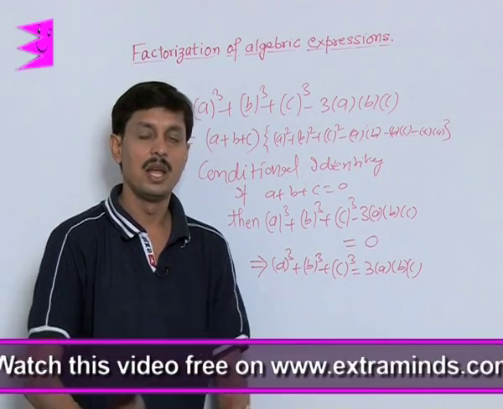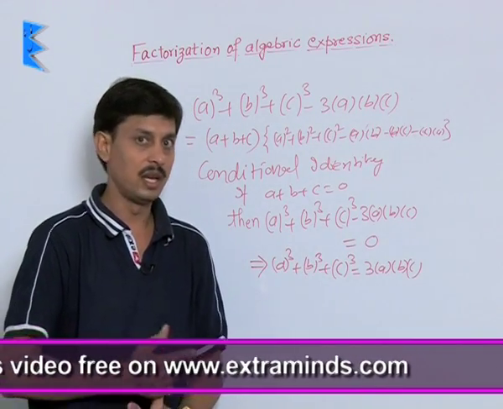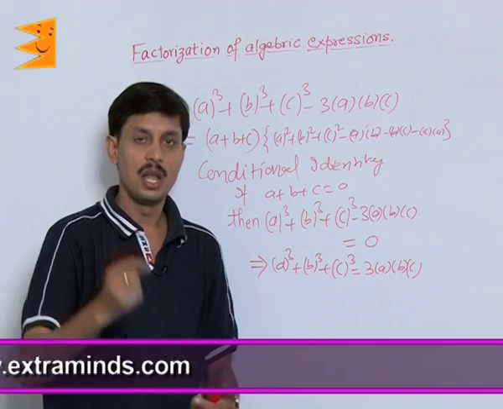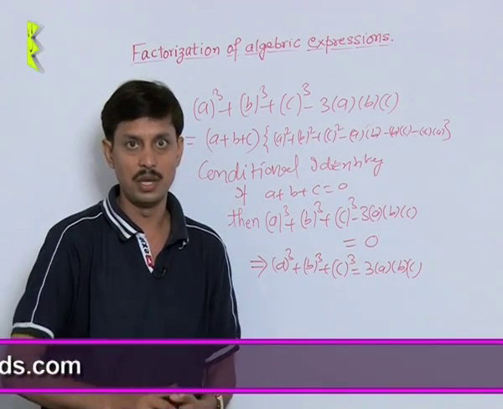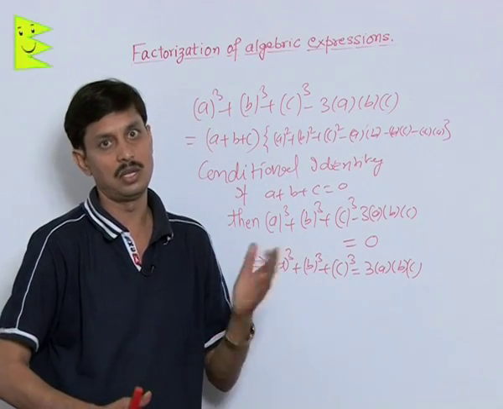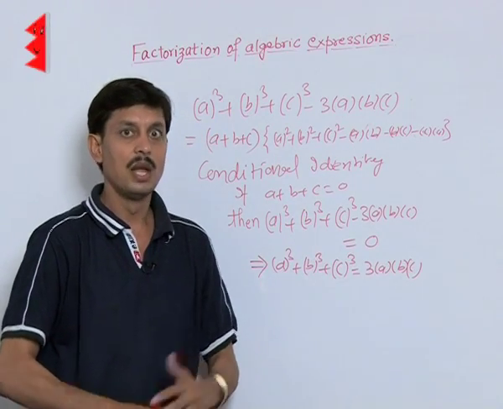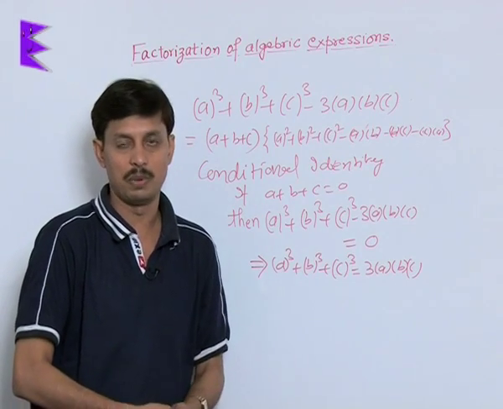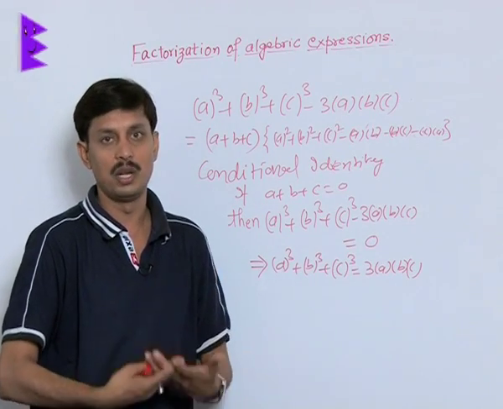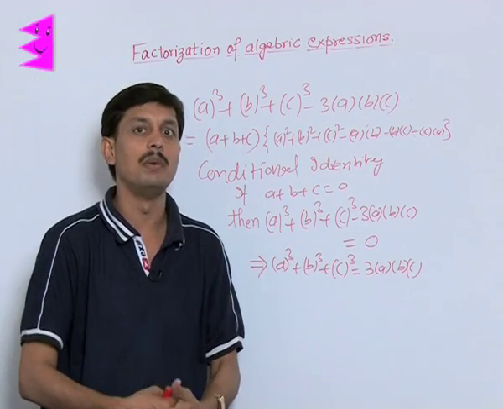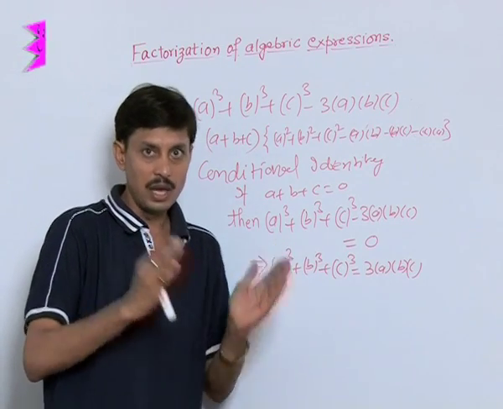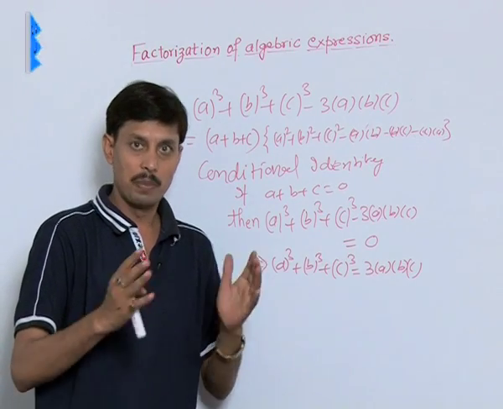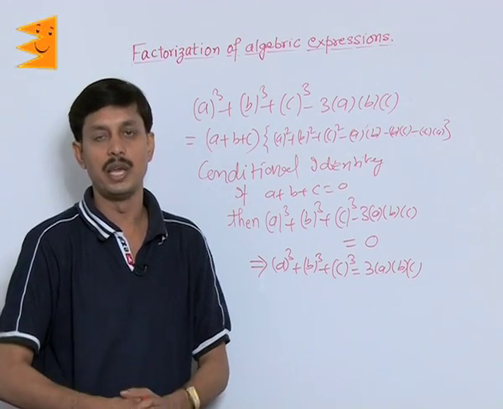Now you can listen to understand what are the basic identities required to solve the chapter factorization of algebraic expression. (a + b) whole square is a square plus b square plus 2ab, (a - b) whole square is a square plus b square minus 2ab, a square minus b square is (a - b) into (a + b). Then (a + b) whole cube is a cube plus b cube plus 3ab into (a + b). (a - b) whole cube is a cube minus b cube minus 3ab into (a - b). (a + b + c) whole square is a square plus b square plus c square plus 2ab plus 2bc plus 2ca.